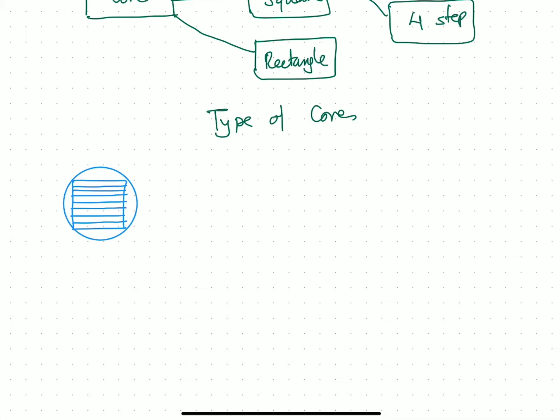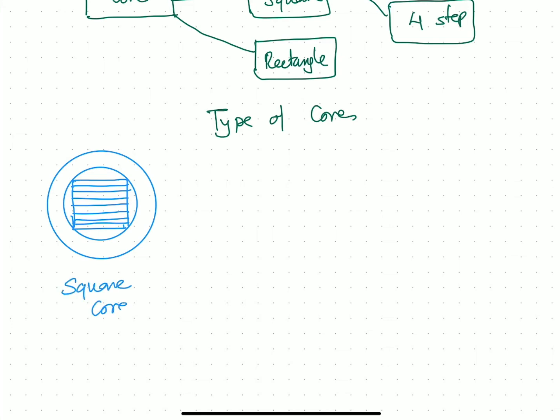Then you have an outer circle as well. Okay, so this is the square core. The next core, let's see that.